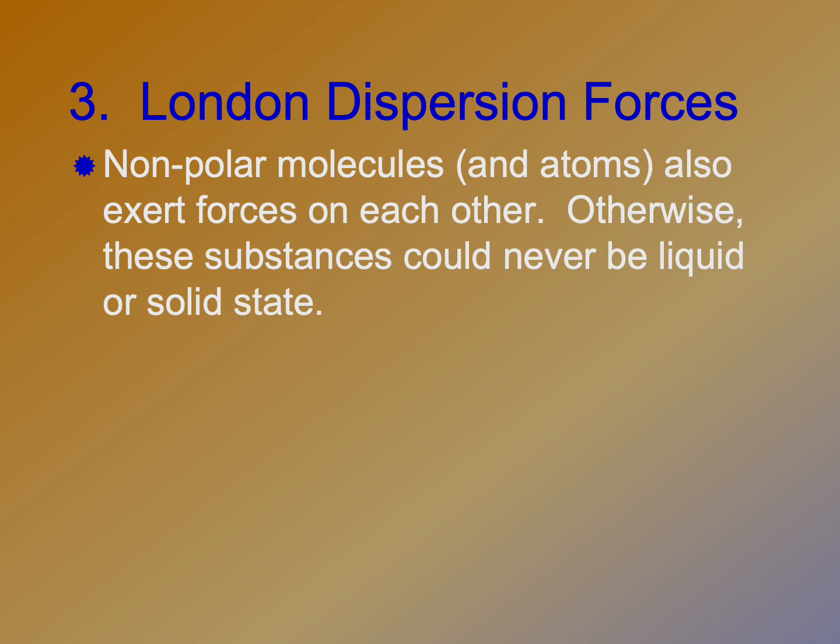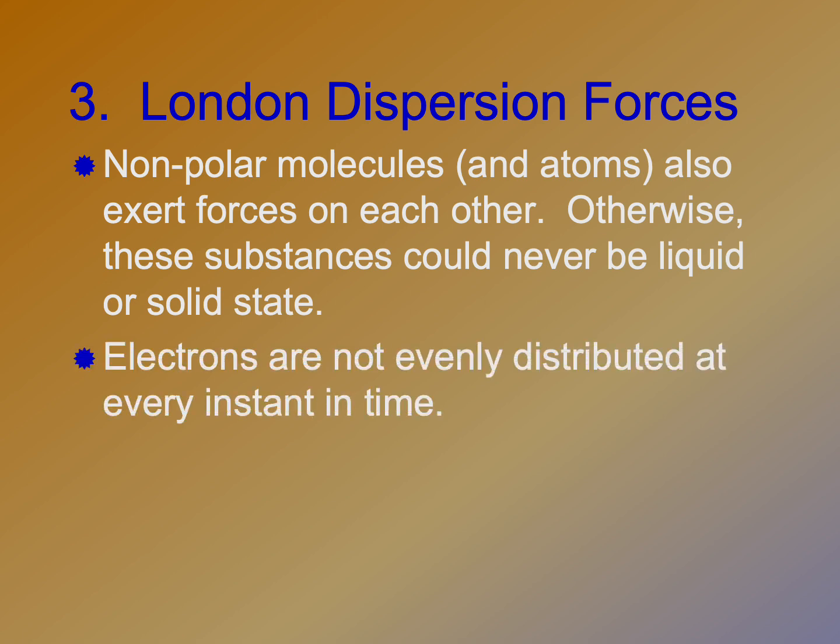With London dispersion forces, the reason that they exist, what causes that force of attraction, is that electrons are not going to be evenly distributed at every instant in time within a molecule. So for a split second, the electrons moving in their electron cloud are going to be unevenly distributed, and that creates an instantaneous dipole.